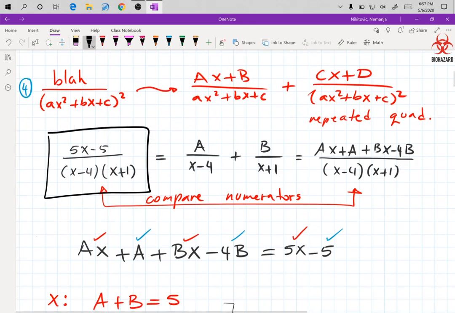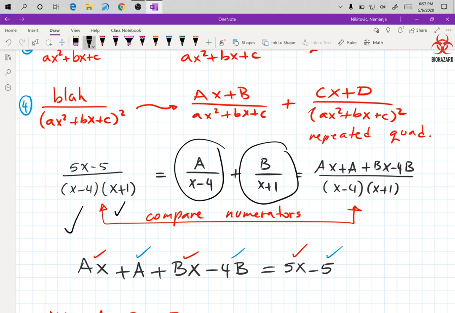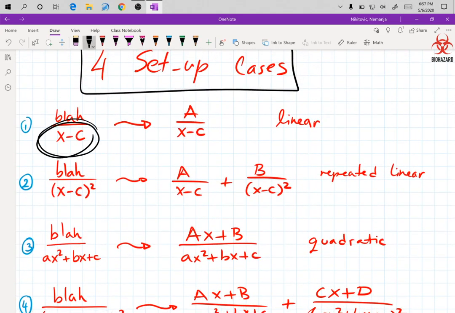Well, you look at your denominator, you see that you have 2 distinct factors in the denominator. So you give each one of those the appropriate setup from the list above. Since both of these factors are what we call linear factors, they fall into this category here.